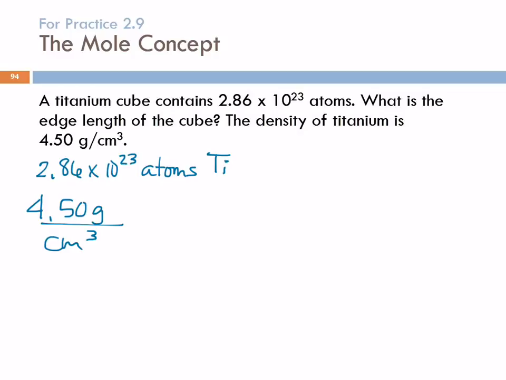And we're talking about a cube. I'm going to draw a picture. Even if you don't draw very well, sometimes drawing pictures can help you figure out what these words are meaning. So we want to know what L is, the length of the cube. That's all the information they gave us.